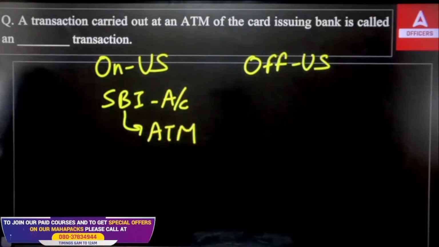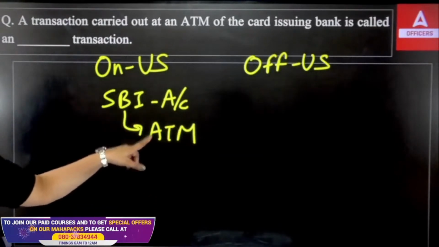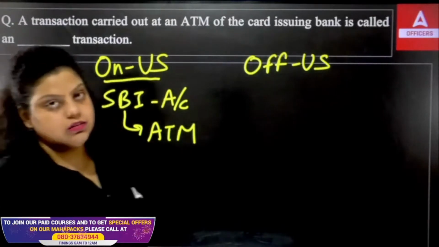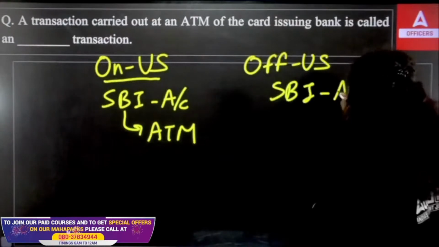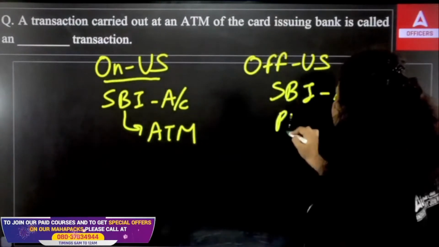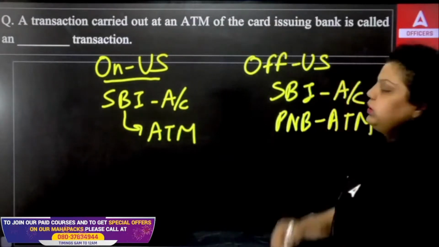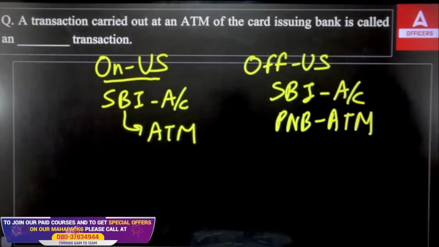So when you have an account of SBI and you are using the ATM of SBI to withdraw the money, that is known as an on us transaction. But if you have an account of SBI but you are using Punjab National Bank's ATM to withdraw the money, that is known as an off us transaction.